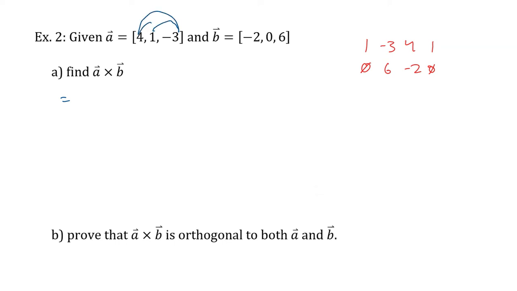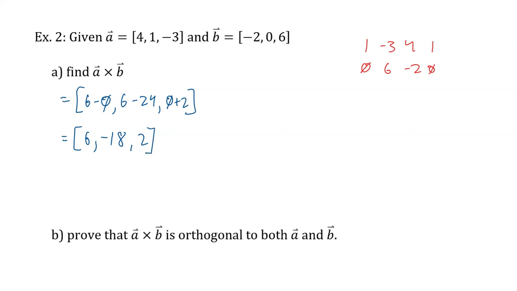Go around, around, and around. 0, 6, negative 2, 0. I got 6, I got this. 6, negative 18, 2. Is that what you got?